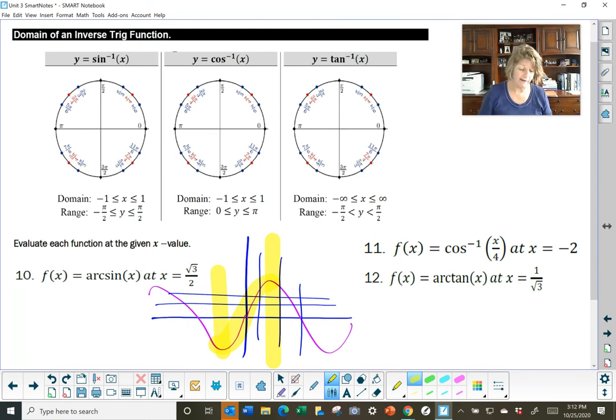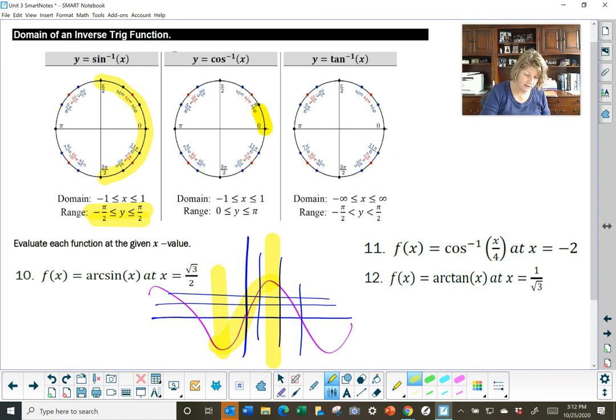So we have all our y values covered. And so for sine x, if you've got a highlighter, highlight that region. That is its restricted domain. So the restricted domain is -1 to 1, but the range would be negative pi over 2 to pi over 2.